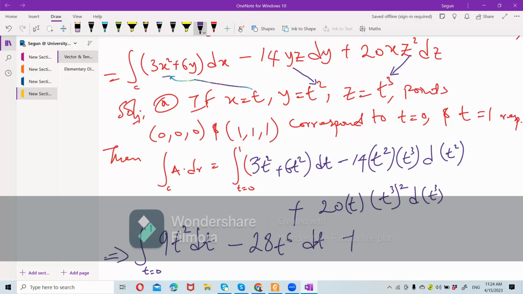That's 60 t raised to the power of 7. No. Take it again. Multiplying 3 by the coefficient, then the t. That's what I can think of.